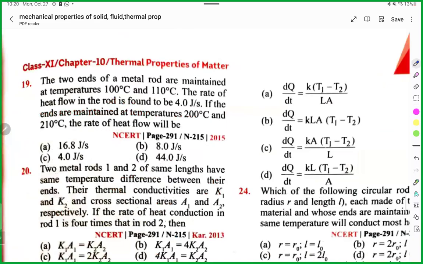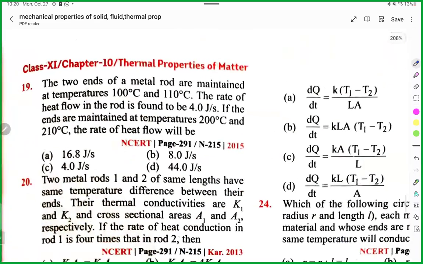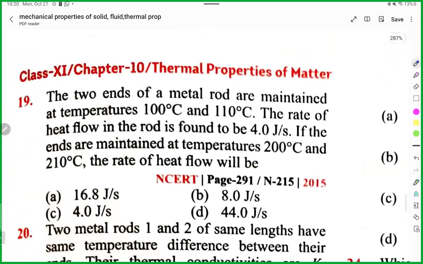Now look, it's easy. Now you have to solve the question. I gave you some idea. Two ends of the metal rod are maintained at two temperatures T1, T2, and the temperature difference is given.